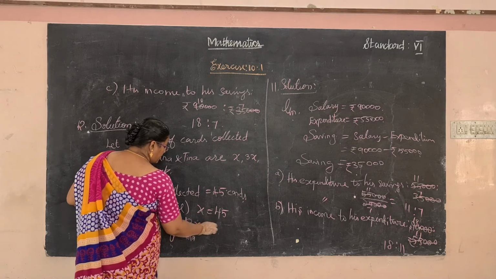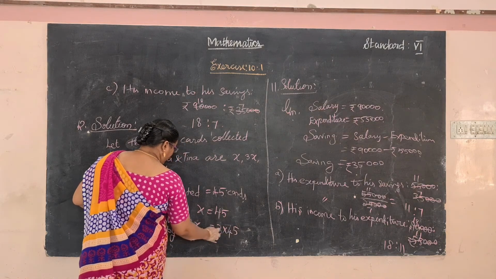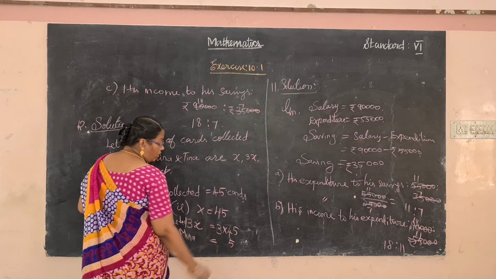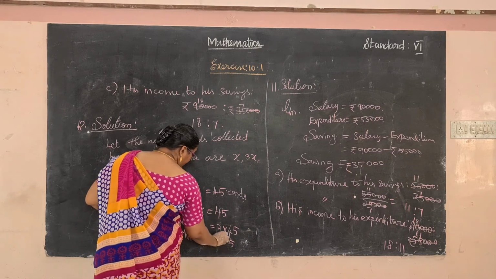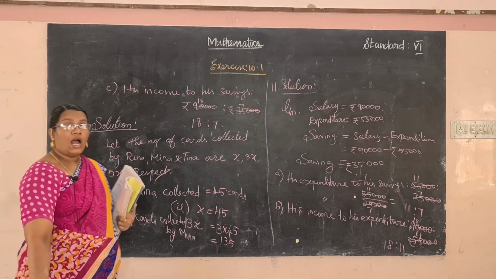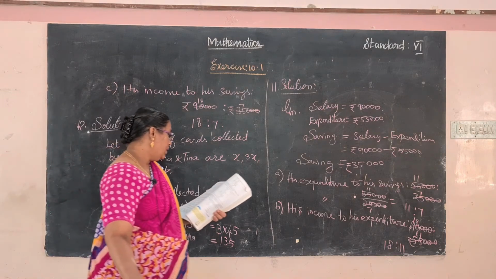So 3x is equal to 3 into the x value 45. Multiply: 3 fives are 15, 3 fours are 12, 12 plus 1 is 13. So how many cards were collected by Meena? 135 cards.